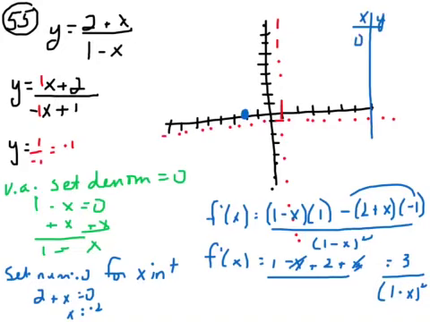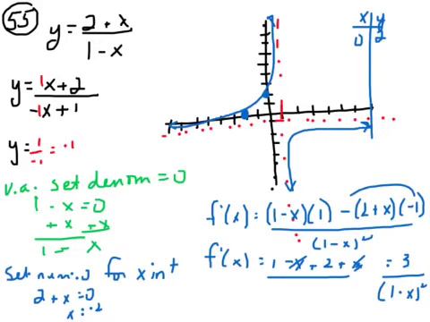If x is 0, we get 2 plus 0 is 2, over 1 minus 0 is 1, so 2 over 1 is 2. So we have a point at (0, 2). We can see it's going to be increasing there. Usually with these rational functions, the other branches are opposite, so I'm pretty sure the other one is going to be down here.